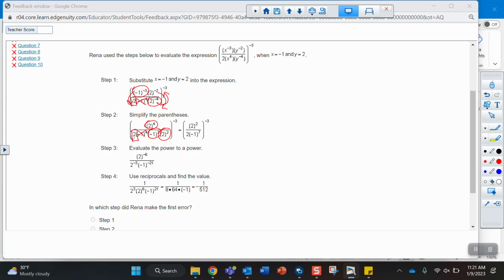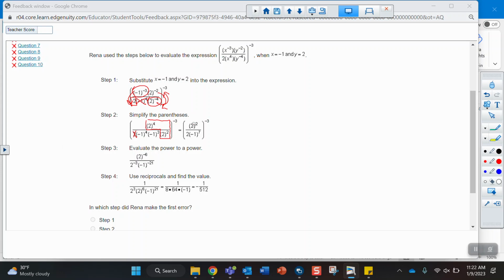And then what did we do? Why do we have a 2 to the second over a 2? Oh, okay, so then it looks like, from the left side to the right side, this 2 stayed put, and these 2's did the quotient rule, where the quotient rule says that if you are dividing like bases, you subtract exponents.